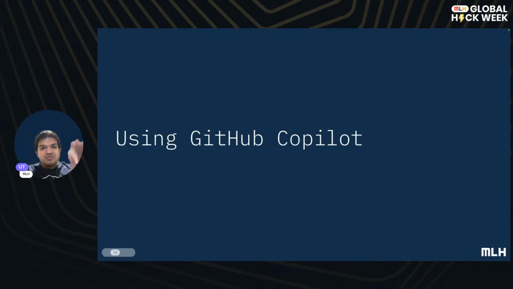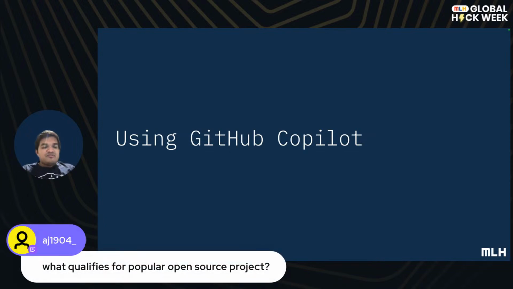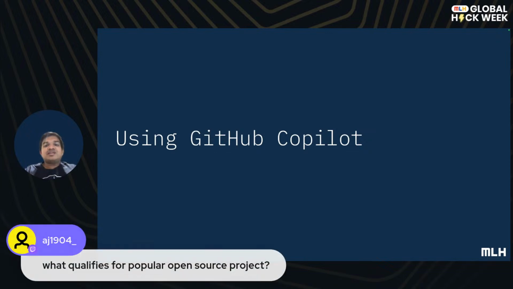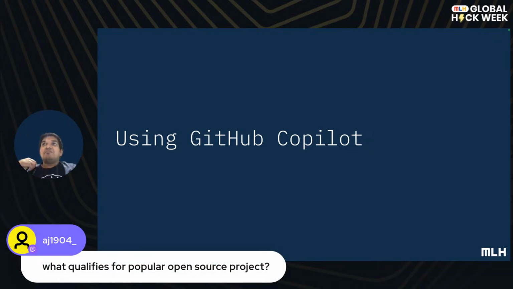Now, I will wait here for a couple of seconds if there are any questions. So there's one question: what qualifies for a popular open source project? That would be something that has a lot of stars, maybe 10K, 12K, and a lot of users, probably.